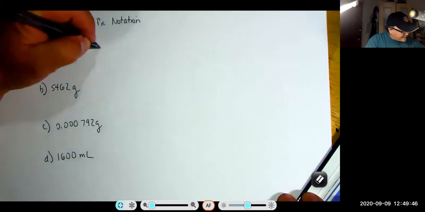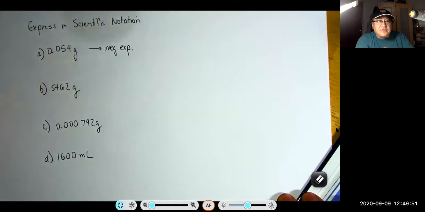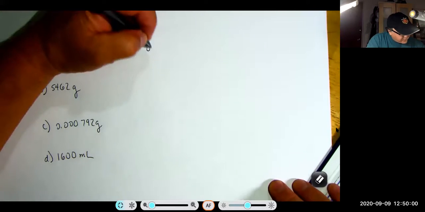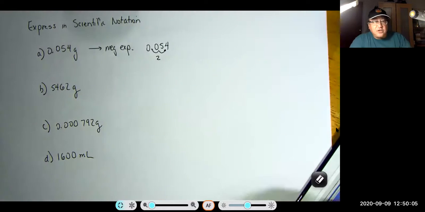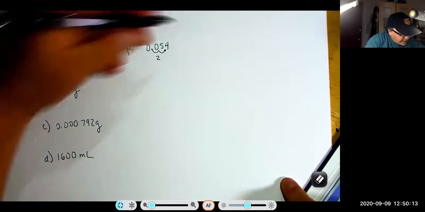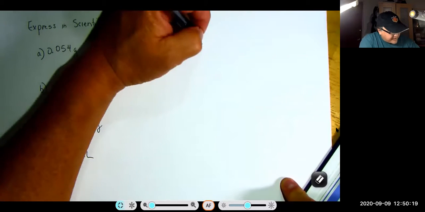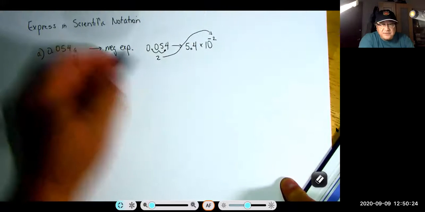First thing I'm going to say is this is going to have a negative exponent. How do I know it's going to have a negative exponent? The answer is that's smaller than 1. Next, I'm going to move the decimal over and count how many times I move it so that when the decimal is in its new spot, that number will be between 1 and 10. So I'm moving this over 2 times, so I get 5.4 times 10 to the 2, and it's negative. So that's it.